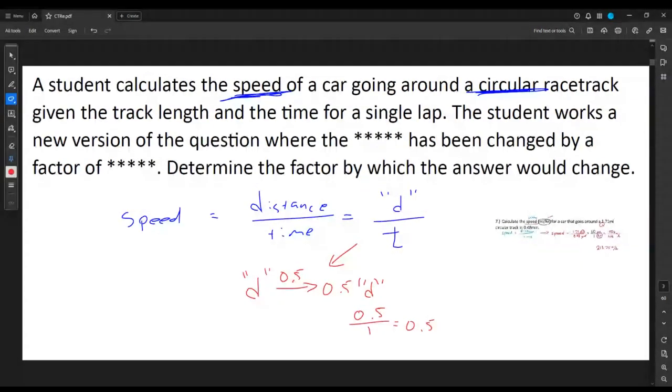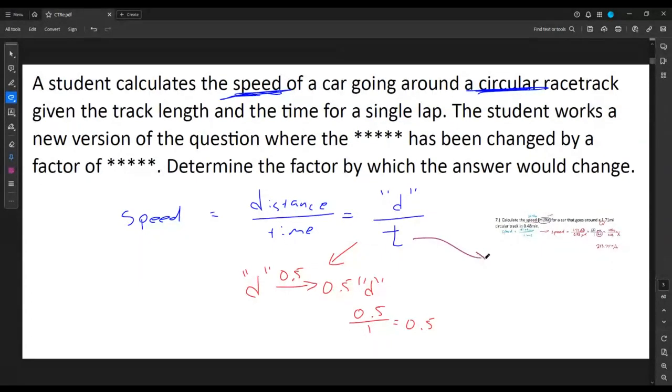What's different though is if I look at where the time is in the formula, that's going to do something maybe unexpected. So if we only change the time, so if my time here is changed to be half the amount of time, and then I want to work the question again, well, because the distance in this different example would be kept the same, then they'd be in a ratio of 1, right?